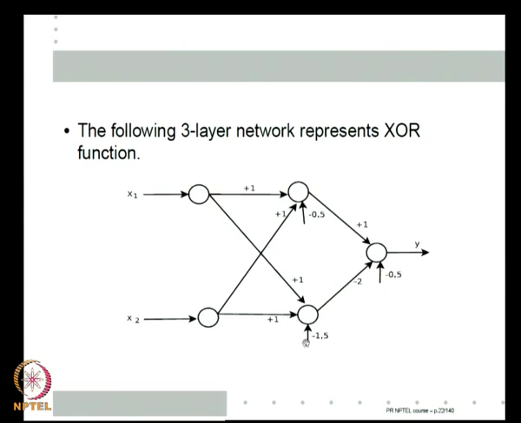Now, if I just switch these two nodes, I call this node the second node in this layer and this node the first. If I interchange this node and this node, what was W1 and W2 earlier will now become W3 and W4. Right.